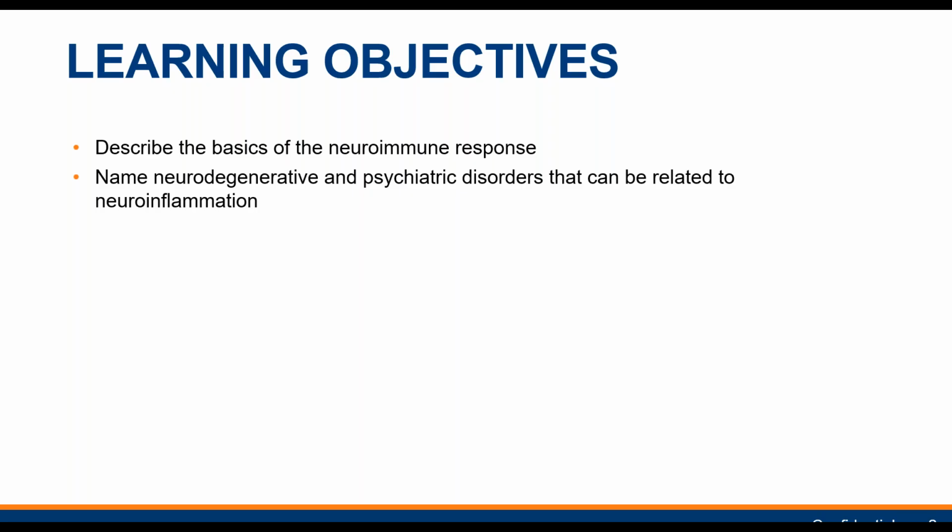I want you to be able to name neurodegenerative and psychiatric disorders that can be related to neuroinflammation. Believe it or not, basically all of the medical conditions we deal with on a day-to-day basis can have a huge interplay with neuroinflammation.